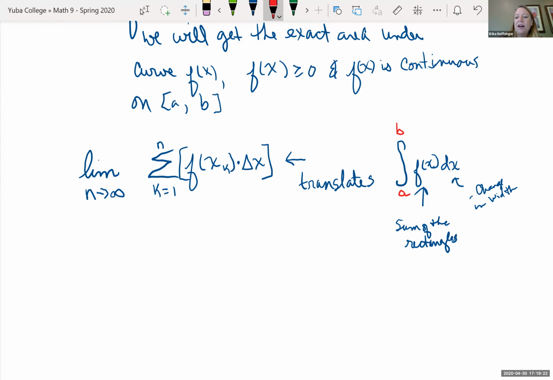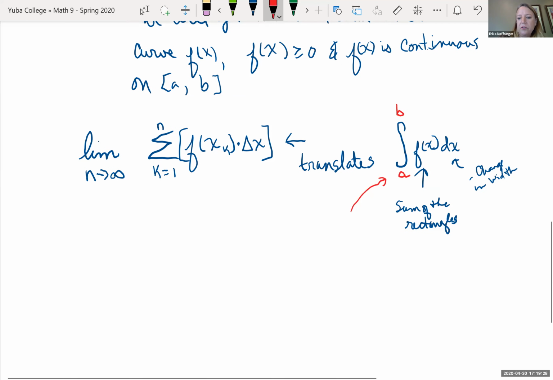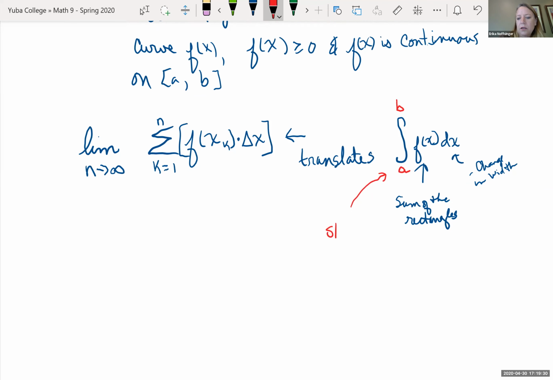This a value is where we're going to start, the start of the bound of the area under the curve. And this b value is the end bound.